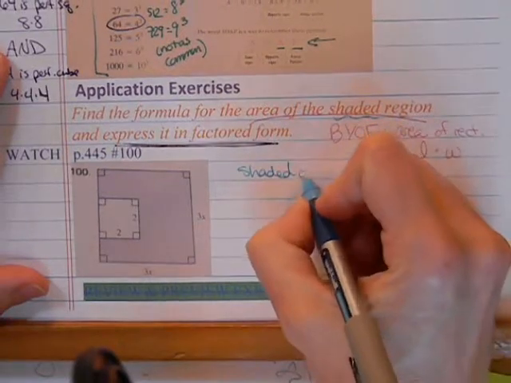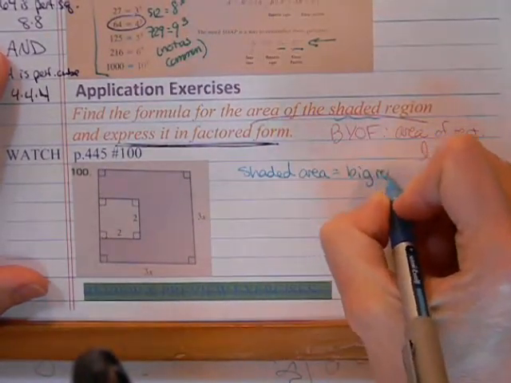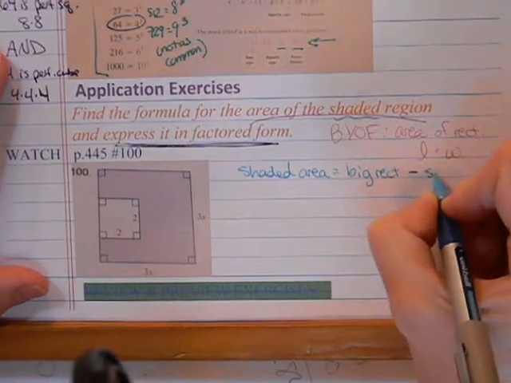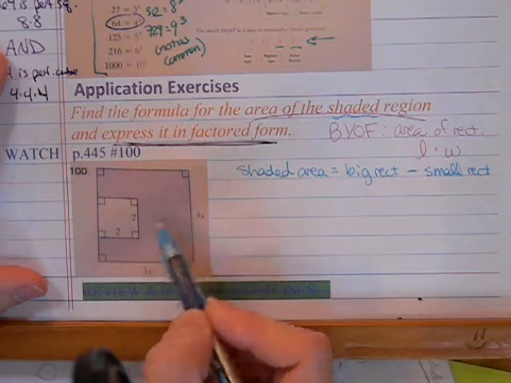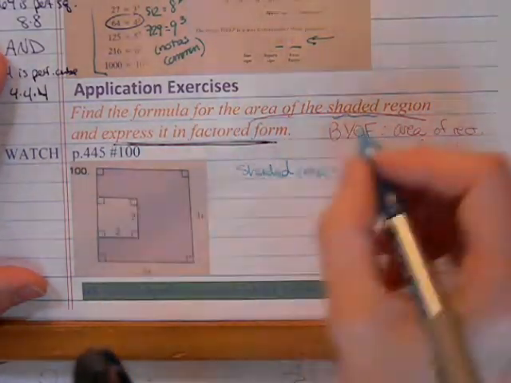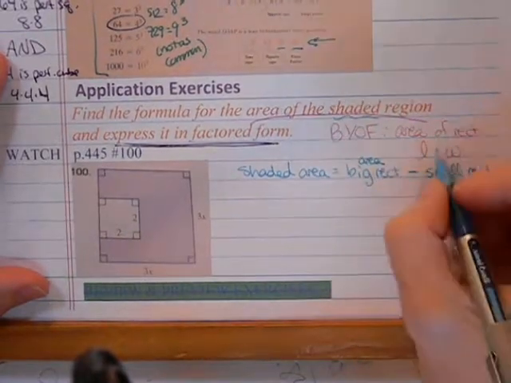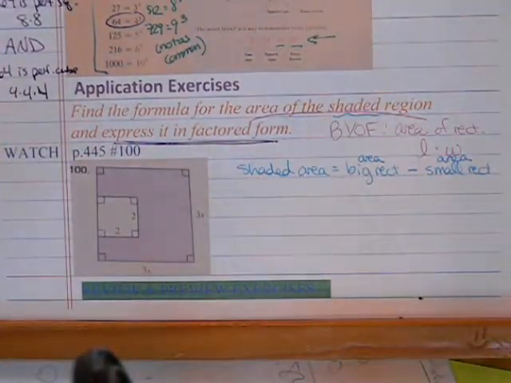The shaded area is going to be represented by the big rectangle minus the small rectangle. So this kind of purpley looking shaded area is found by taking the area of the big rectangle. Maybe we should be very clear. Area of the big rectangle minus the area of the small rectangle.